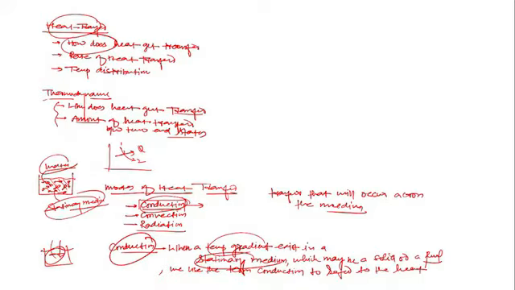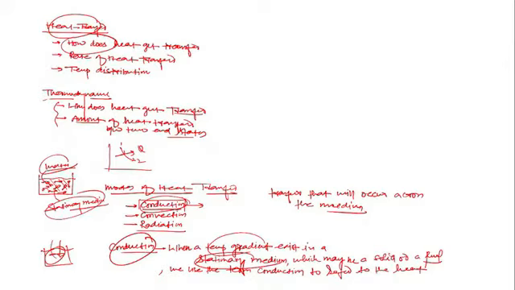Because for conduction the medium must be stationary, and in the case of solids the medium is always stationary. But in a fluid, if you want a conduction mode of heat transfer, then the condition is that the medium must be stationary. Is this clear?